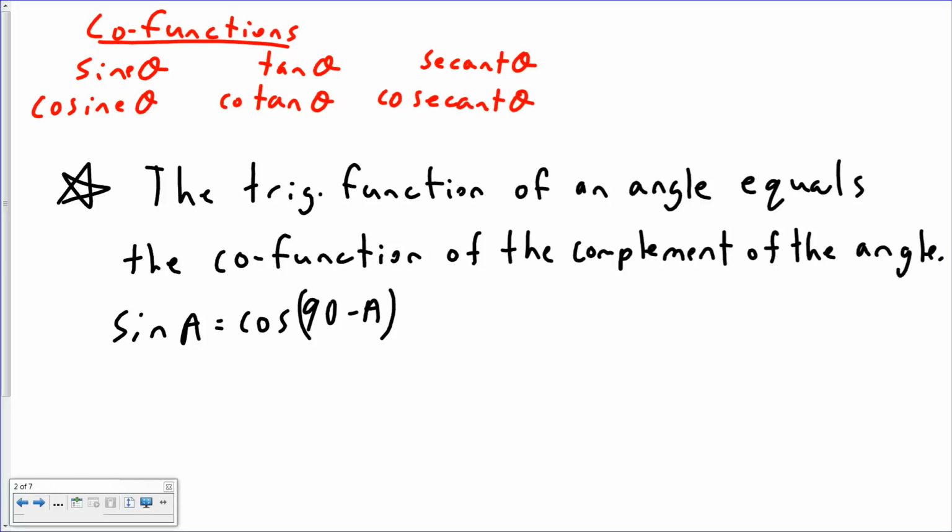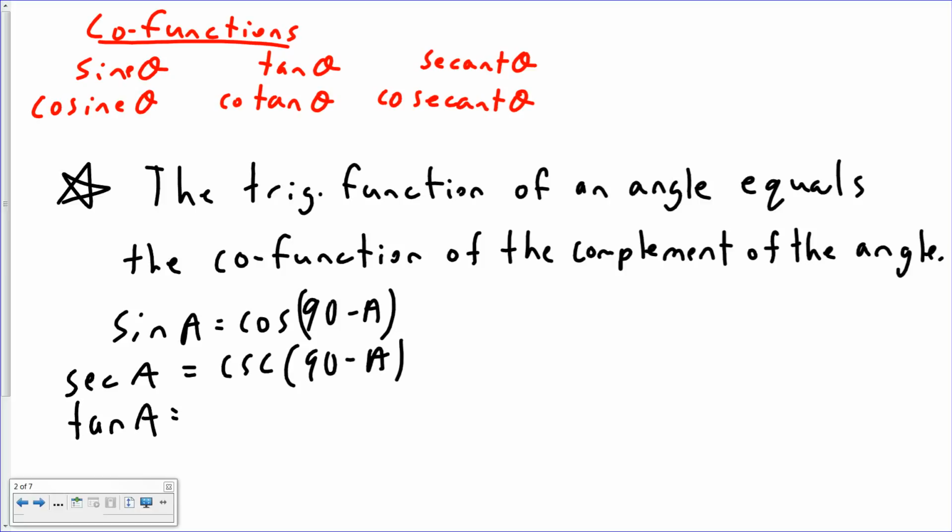The secant of A is equal to the cosecant of 90 minus A. The tangent of A is equal to the cotangent of the complement of A. This is what you should commit to memory, the trig function of an angle equals the cofunction of the complement of the angle.